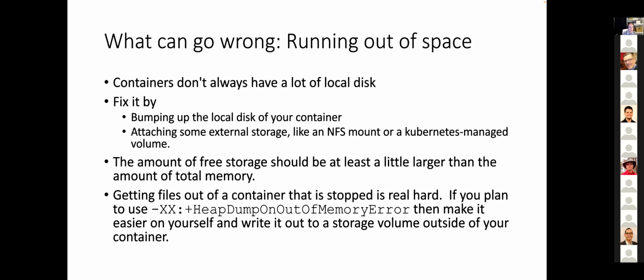Other alternatives include attaching external storage, like mounting an NFS volume to some sort of output directory, and then doing your heap dumps and putting them there. Kubernetes can manage that also. You can tell it, dear Kubernetes, for this deployment, please also attach a volume at this location in my file system. It's able to do that.